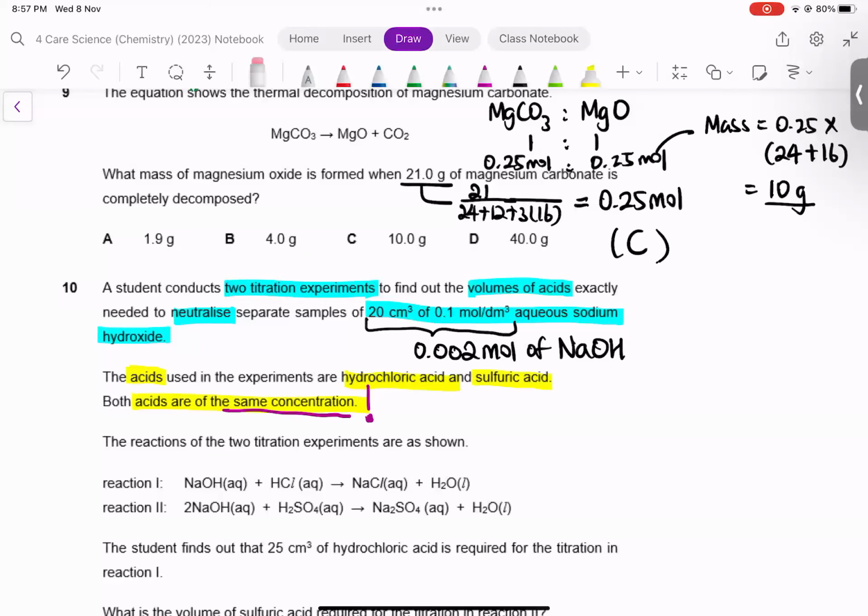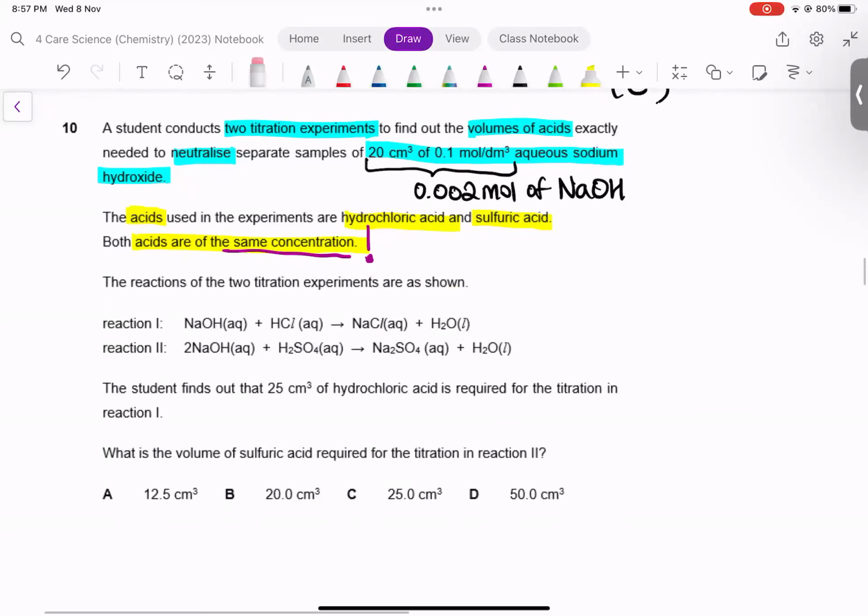And so here they have helped you by giving you the equation. What's the purpose of the 2 equations? Well, you are told that reaction 1 is with HCl, and you are told reaction 1 required 25 cm³ of HCl. So what can I use this to do?